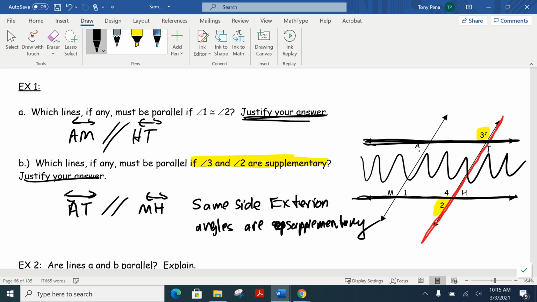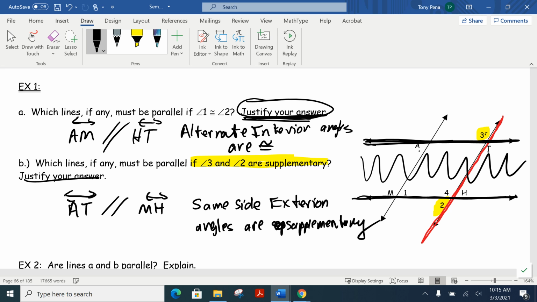If we had justified the ones up here, the whole idea was that alternate interior angles are congruent. So when it says justify, it's basically asking what type of angles we are dealing with, that we did in the second half of last week, to justify that our lines are going to be parallel.